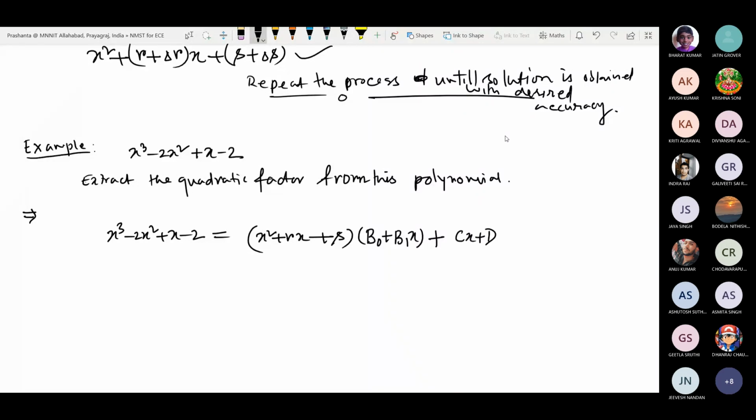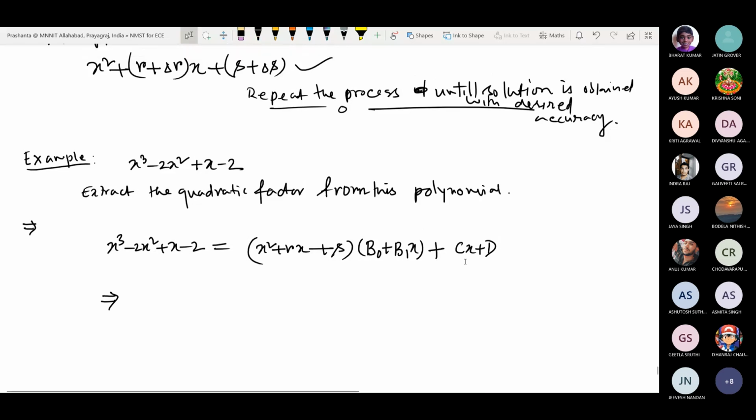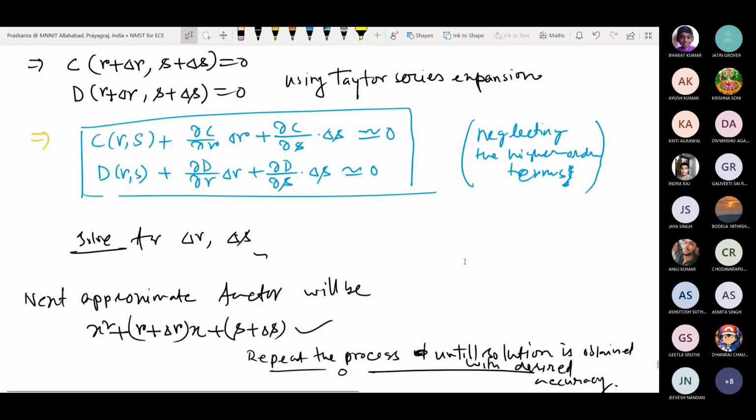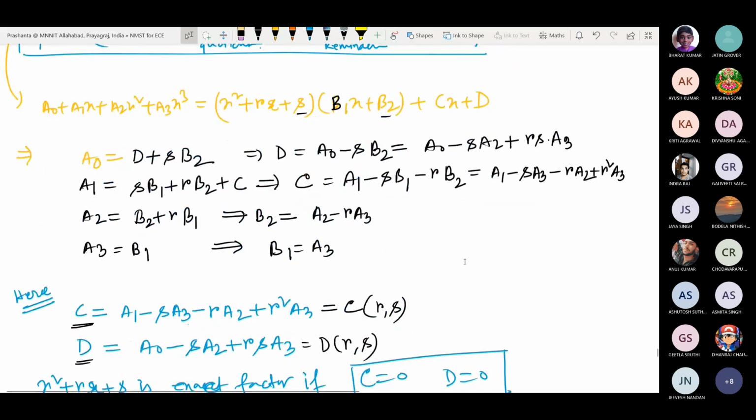Now you do the calculation from both sides and tell me what is c and d in terms of r and s. Okay, so you know the drill. You do the multiplication and tell me what is c and d in terms of r and s. If you wish, you can take the help of this calculation.